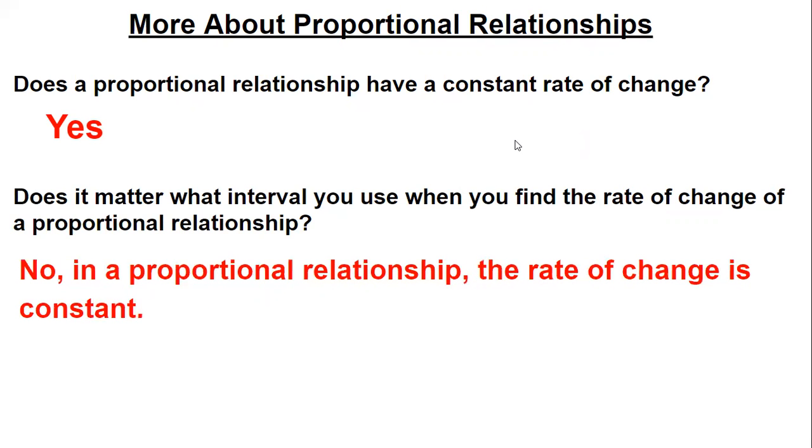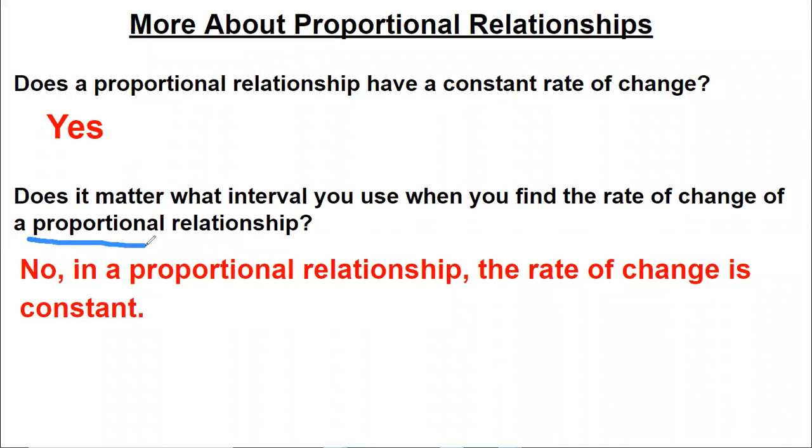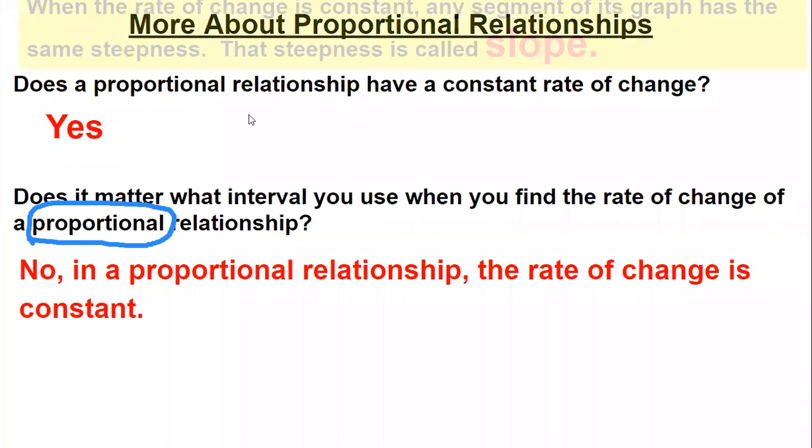No. In a proportional relationship, the rate of change is constant. So notice how only in a proportional relationship does it not matter what two intervals you use, okay? Only in a proportional relationship will the interval rate of change be constant.